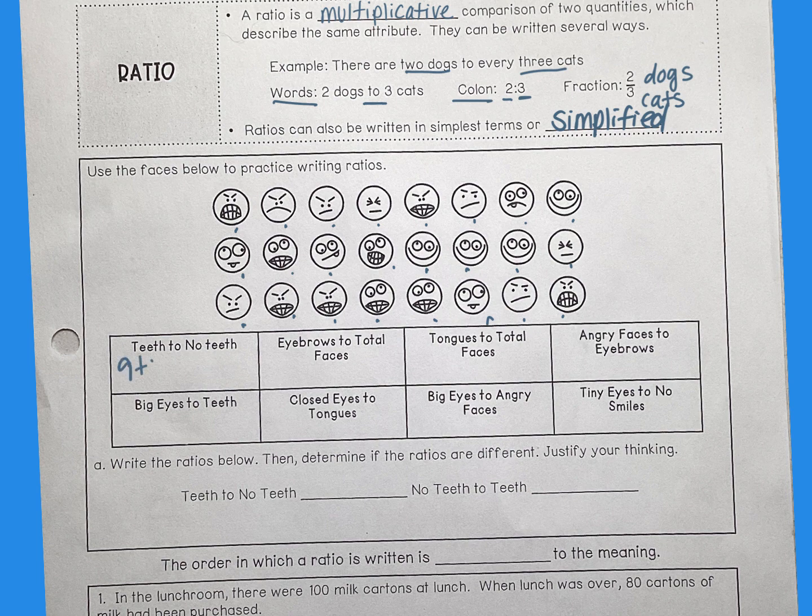So 9 to 15. And since I can't reduce it by 2 because they're both odd numbers, I'm going to see if I can reduce by 3. Can I divide 9 by 3? Yes. 9 divided by 3 is 3. And 15 divided by 3 would be 5. So the ratio would be 3 to 5. 3 people would have teeth compared to 5 people who would have no teeth if we were to simplify our original ratio of 9 to 15.